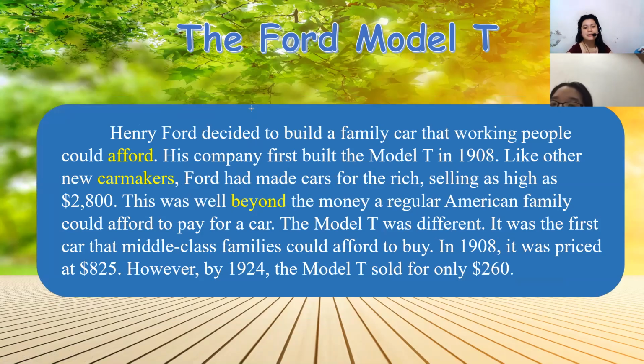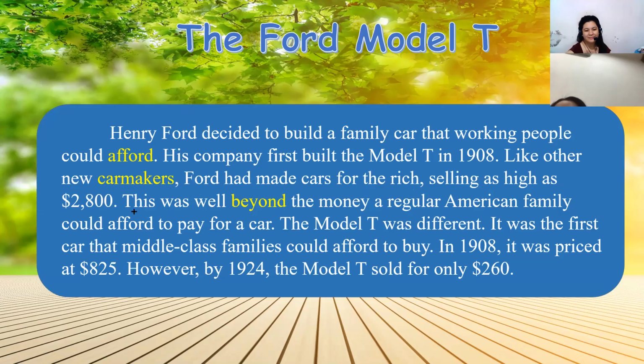Henry Ford decided to build a family car that working people could afford. His company first built the Model T in 1908. Like other new car makers, Ford had made cars for the rich, selling for as high as $2,800.